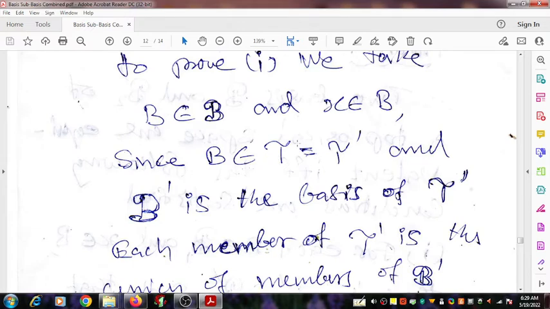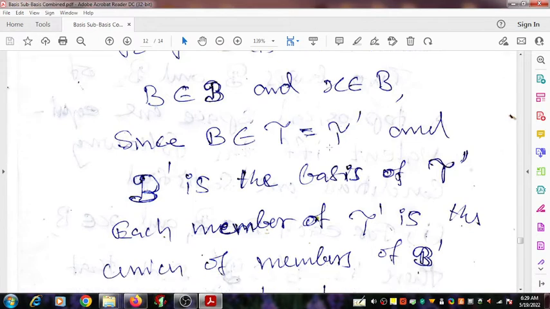It's completely contained in tau. Therefore every member of script B is a member of the first topology, but the first topology is equal to the second topology. Therefore B is a member of tau prime also, the second topology.